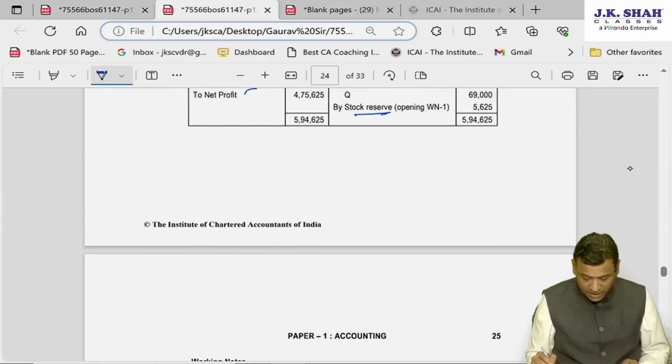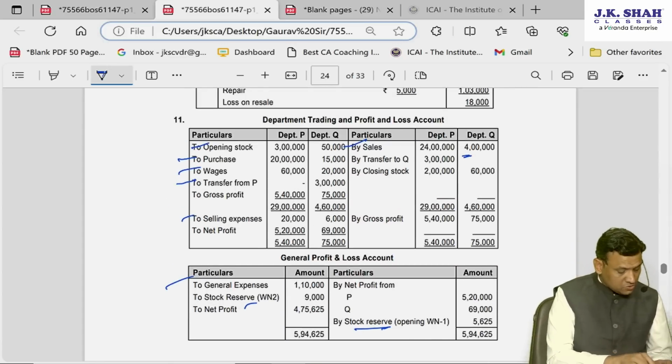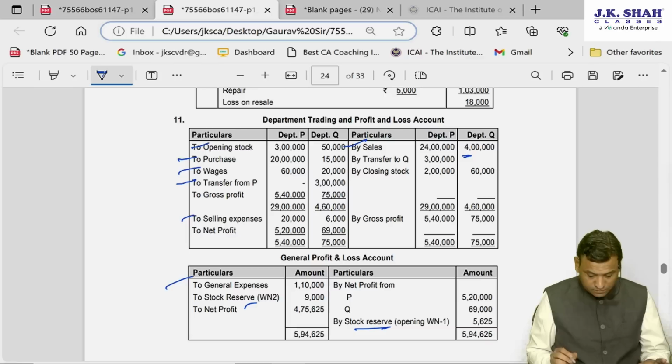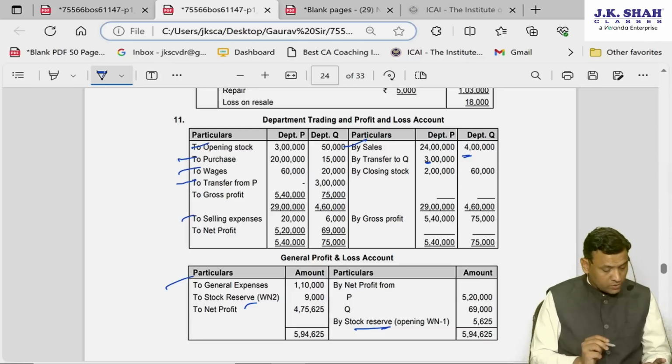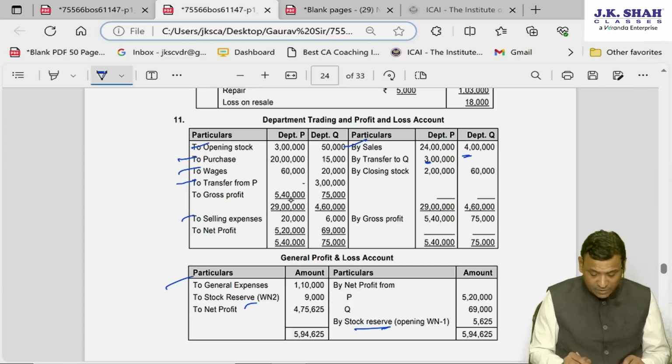This year, I'm getting the GP margin. What is my GP margin? 5,40,000 divided by 24 lakhs and 3 lakhs. So it is 27 lakhs. 5,40,000 divided by 27 lakhs gives me 20% as the margin.